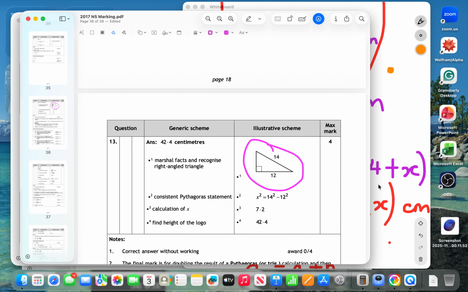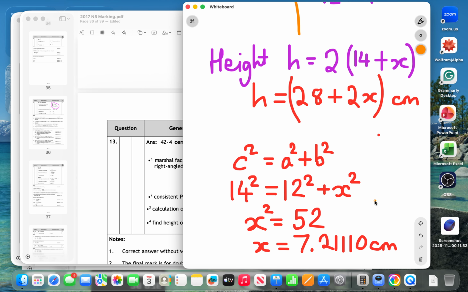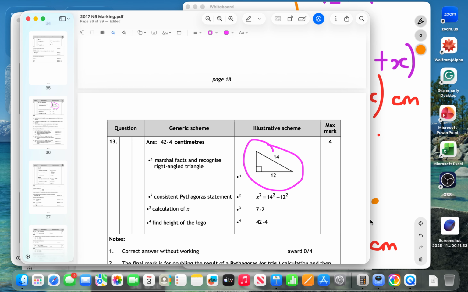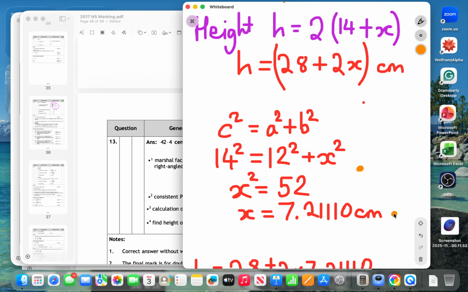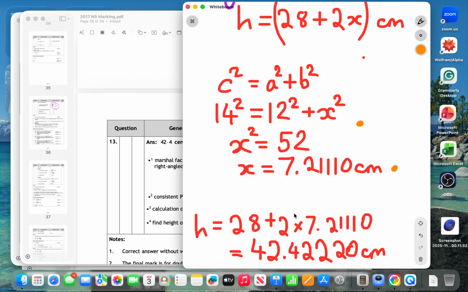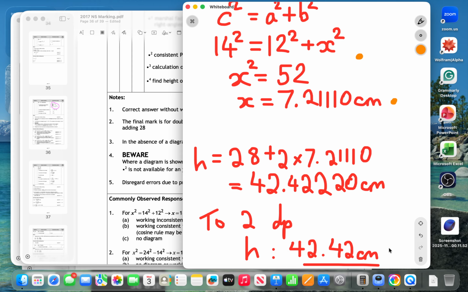The second mark would be for knowing to use Pythagoras. The third mark would be for finding x. And the last mark would be for finding the final answer.